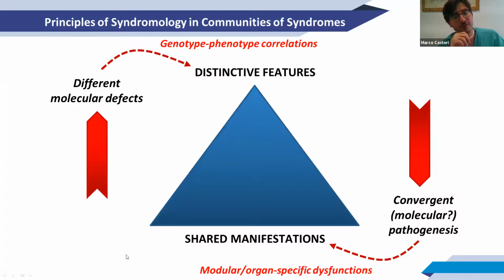There is a set, in the bottom of this pyramid, of shared manifestations that probably mirror some convergent pathogenesis, starting from mutations in different genes, and a set of distinctive features that can help the physicians in distinguishing one type from the other in the office, due to specific genotype-phenotype correlations.